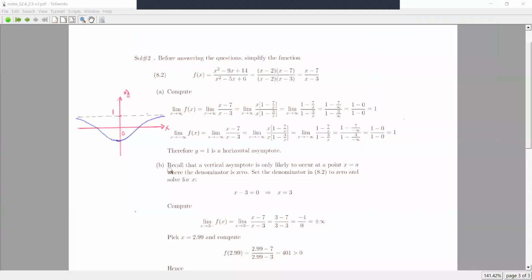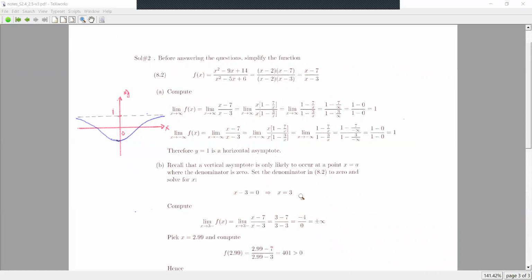Part B. Find all the vertical asymptotes of the function f. Because a vertical asymptote is only likely to occur at a point where the denominator is 0, I set the denominator to 0 and solve this equation. Then I have 1 point, point 3. If the function has a vertical asymptote, then the vertical asymptote can only appear at this point.